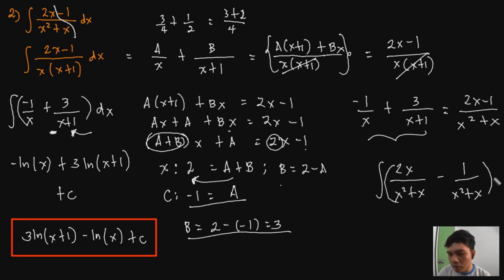Now, I'm not saying that this is incorrect. Actually, you can perform this, diba? Knowing that 2x is the derivative of this expression, you can actually use this now. Parang, let's have the ln of something like that.